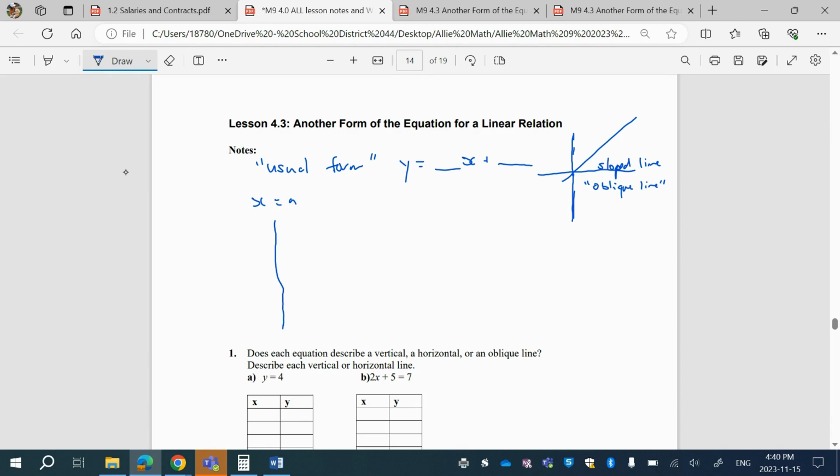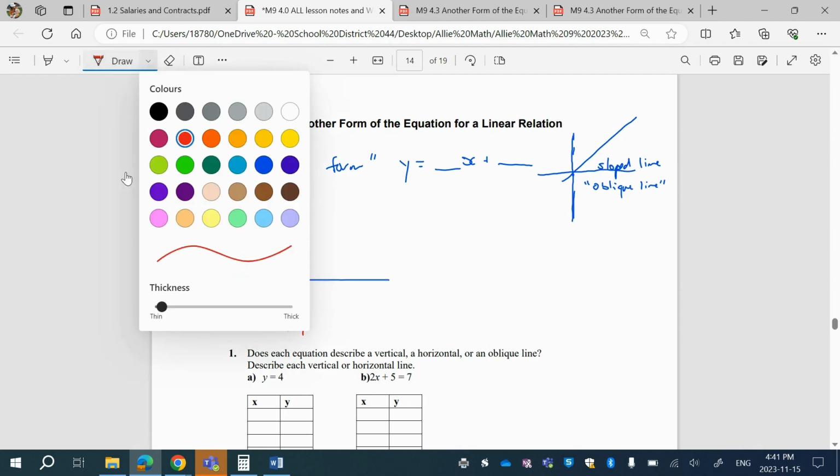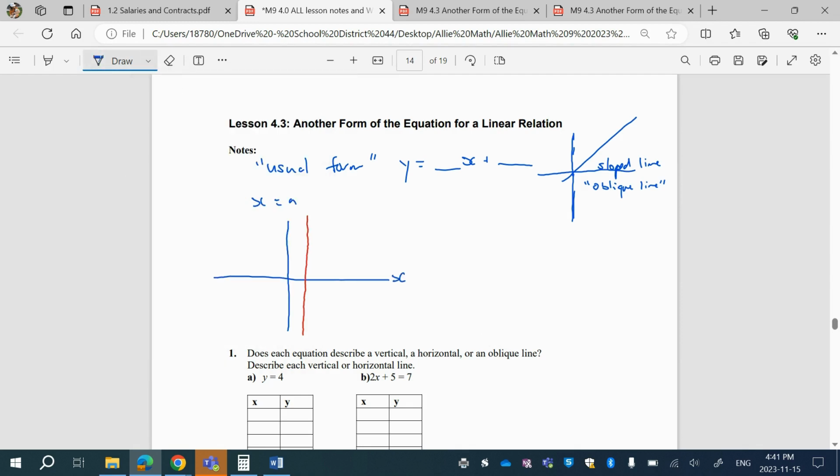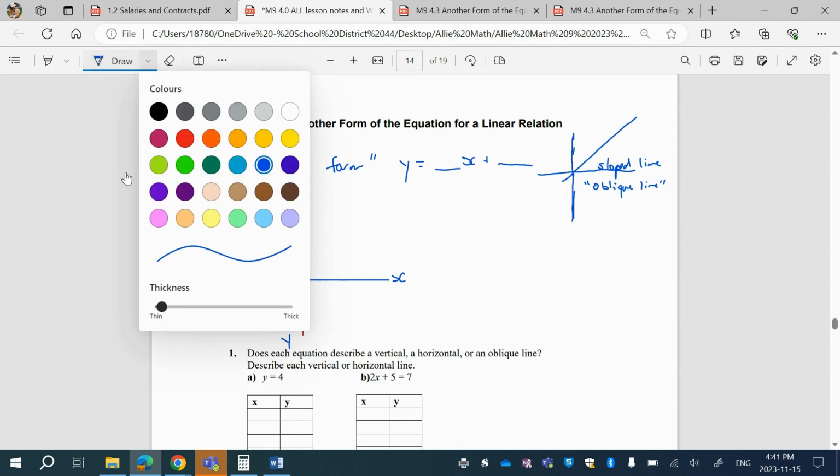If we have x equals a, this means we are just going to have a value for a certain x. So it would be a vertical line like that. This is our x-axis here, our y-axis, and this a here is a constant.